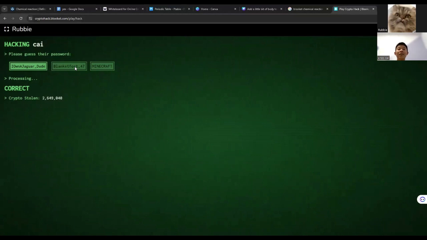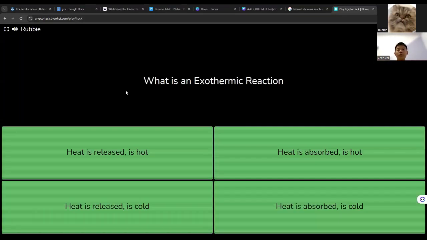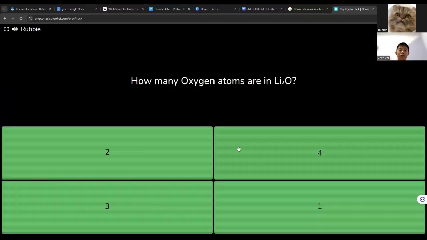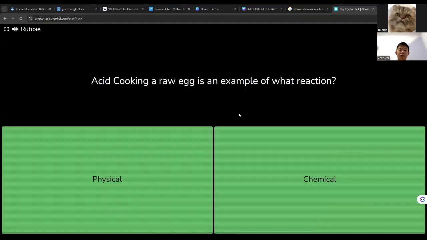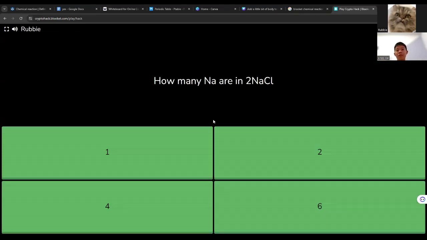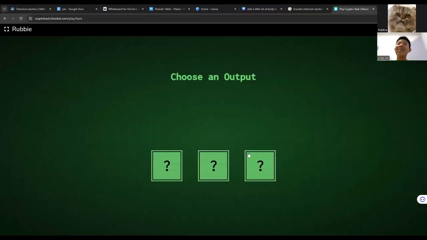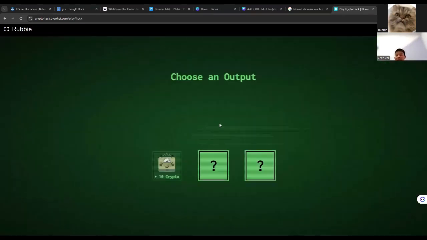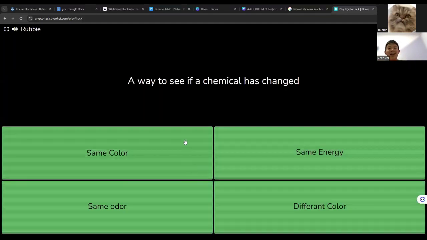Bro, what the hell? Nothing. How much money do you have? 14 mil. 28 mil, I mean. Damn, I have 5 mil, bro. What the fuck? Oh, I mean, 85 mil, sorry. What the hell? Why am I so poor?